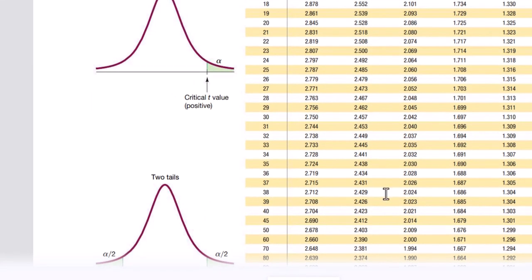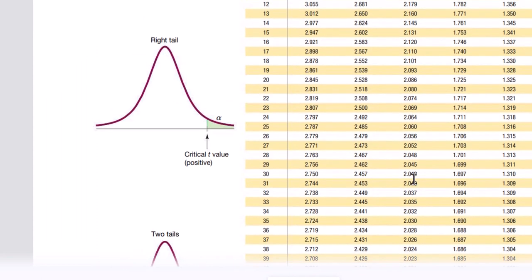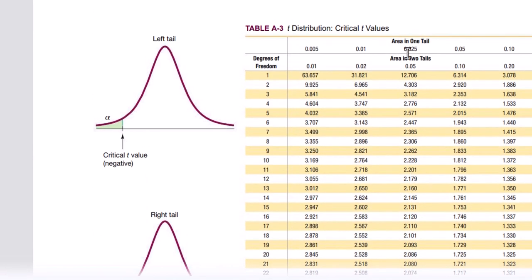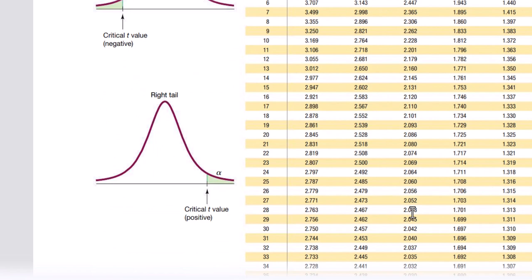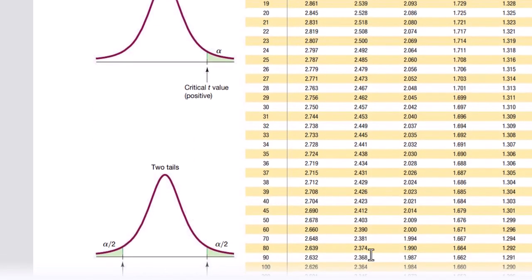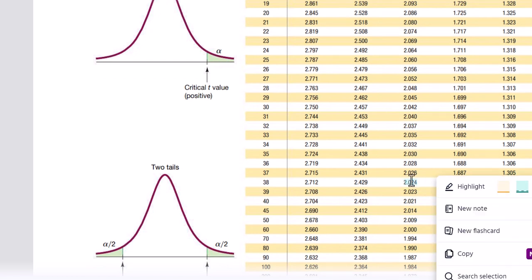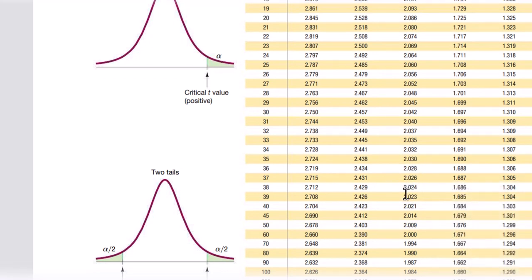So 38 and 0.025 for our one tail. It's this spot over here, so I can highlight it. So 2.024 is our critical value.